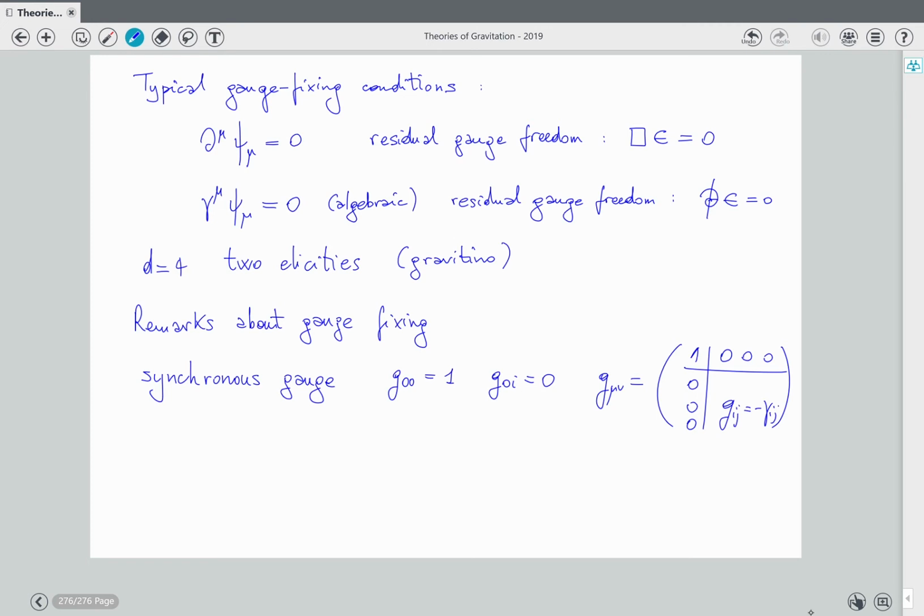So this is an algebraic condition, and some things simplify, but it's not a very practical condition. So in this case, the time part of the metric is the same as in flat space.